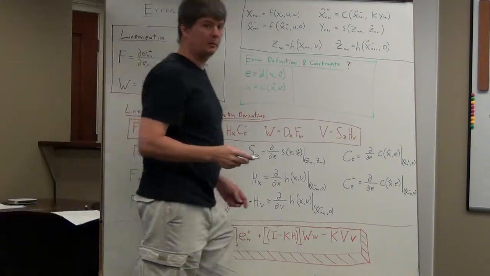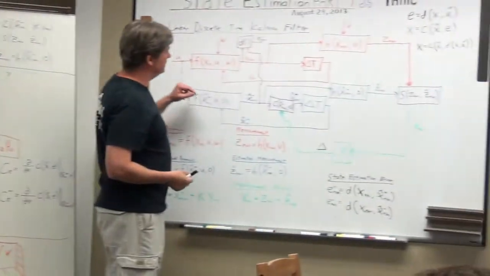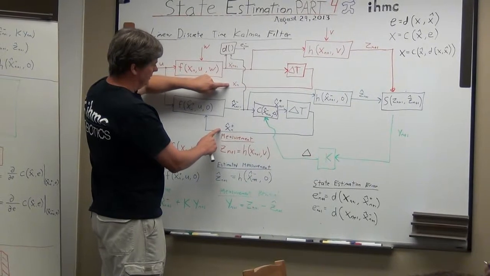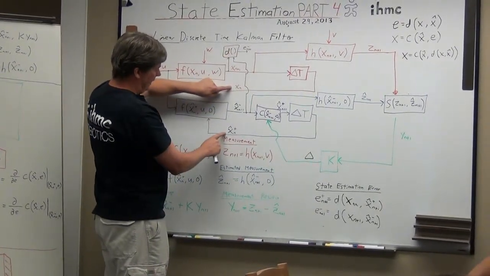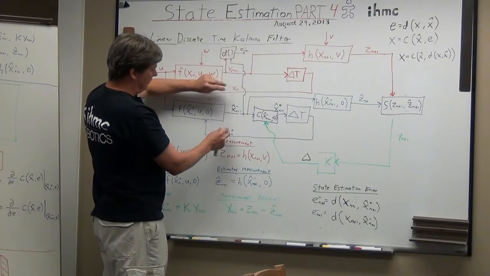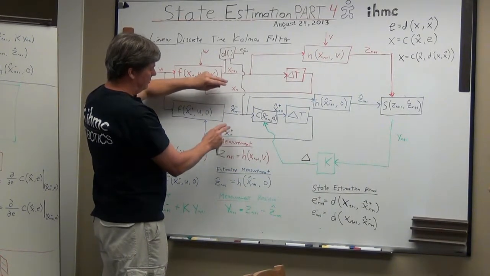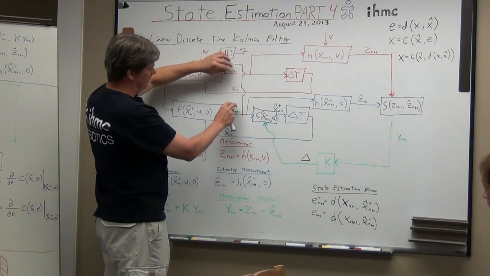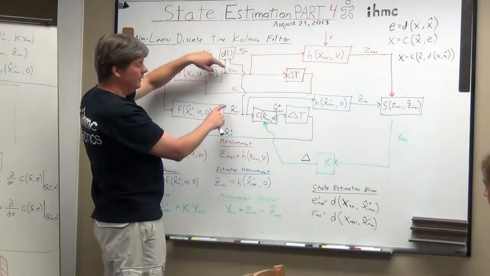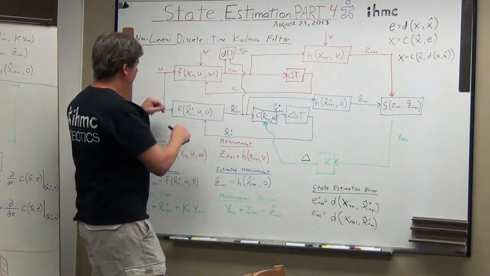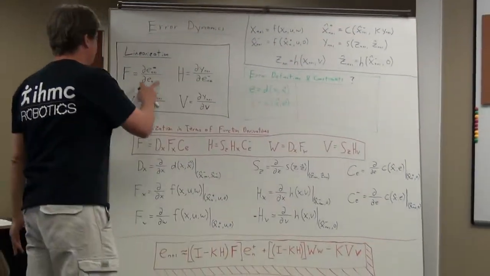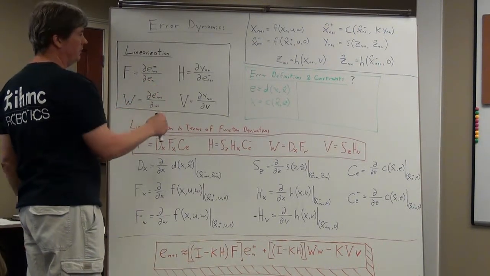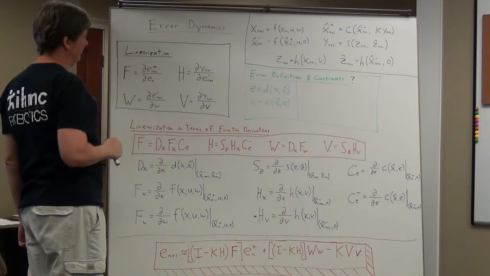So if you have a little bit of a delta in the previous error, that's going to cause a delta in the error after the dynamics.